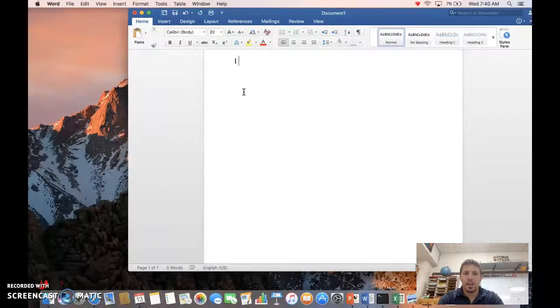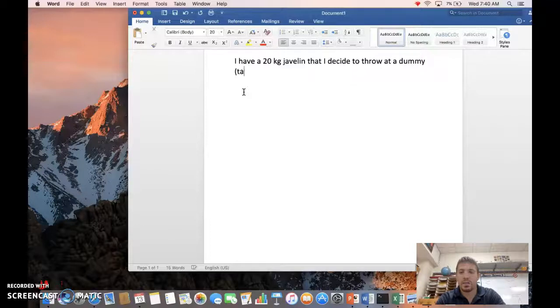So I have a 20 kilogram javelin that I decide to throw at a dummy. Okay, this is not a person. This is a target that I'm practicing on because I'm in some sort of war and we're using javelins to try to win the war, I guess.